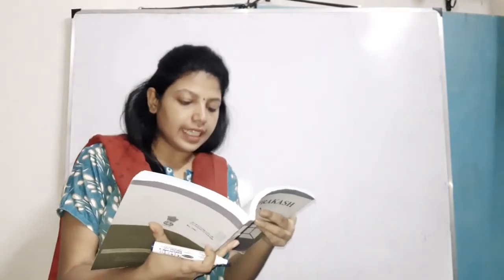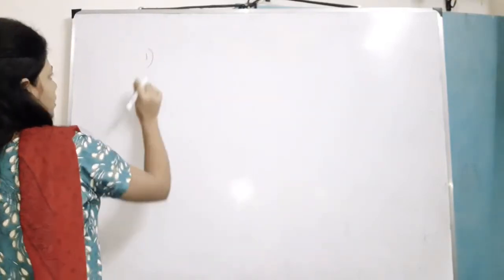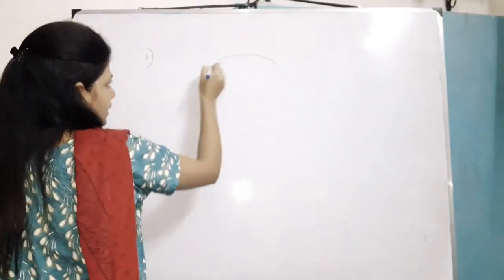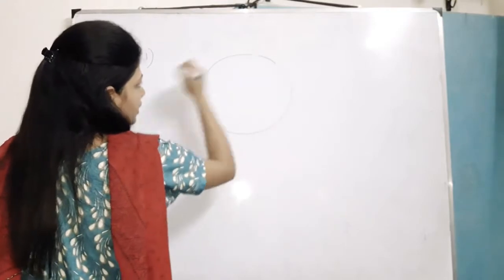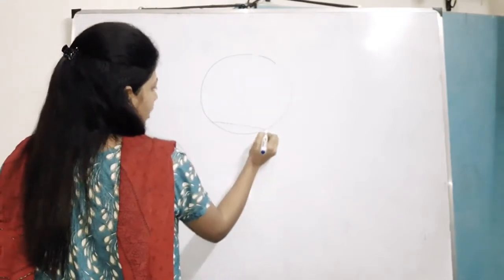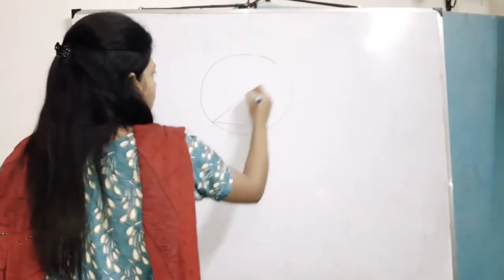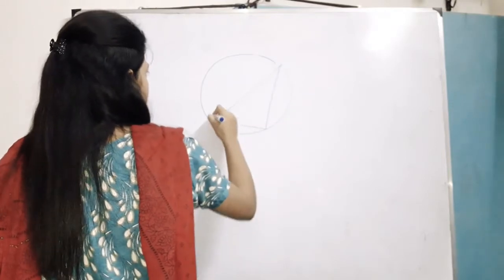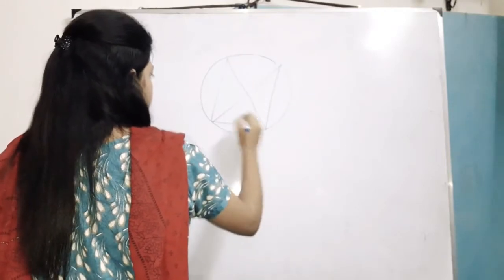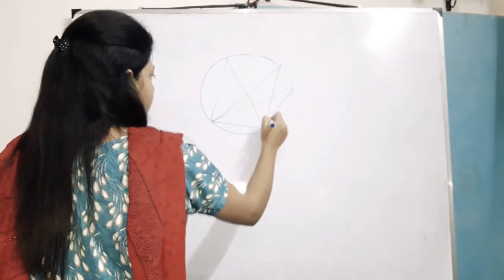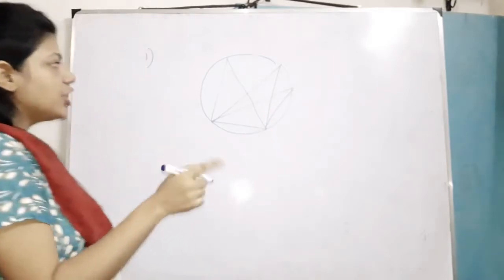The first one is: all angles in the same segment are. Number 1, fill in the blanks. All angles in the same segment. So if I draw a circle and take one segment, now take any 3 angles on that segment. Any 3. Now what is the relation among those?